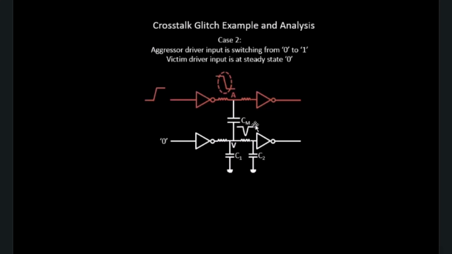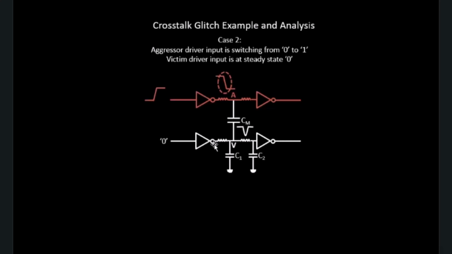Now again, two things we have to understand over here. One is, what is the tolerable value of this fall glitch, or what should be the tolerable value of the voltage of this glitch, and second, how it comes back and again charges to logic 1. These two things we have to see.